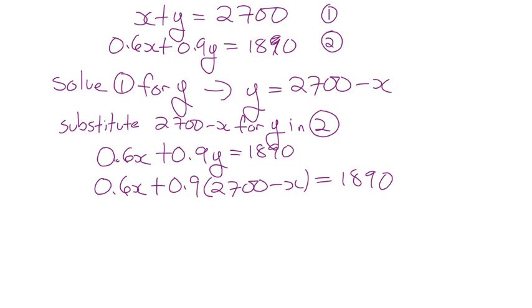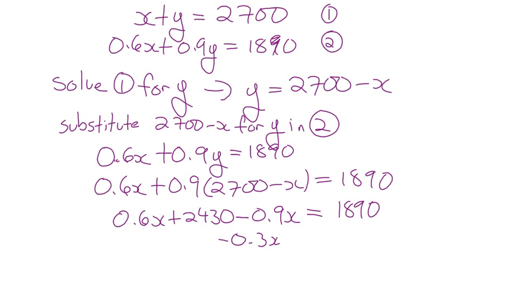What's 0.9 times 2700? 2430? 2430 minus 0.9x equals. See, that's why I would have solved for x, not like we're solving for y. You got all these negatives, but it's no big deal, right? It's just negative this. So negative 0.3x is equal to negative what?